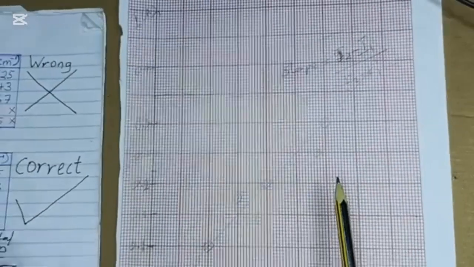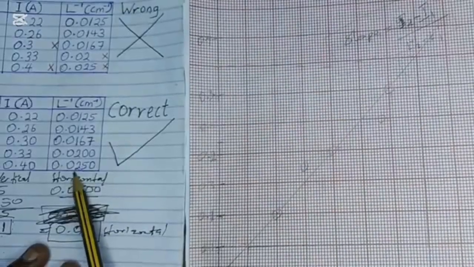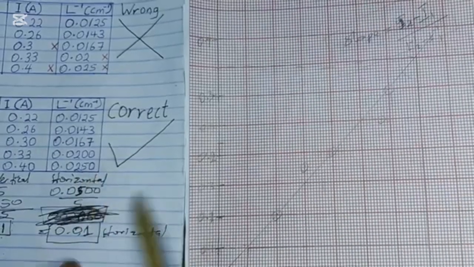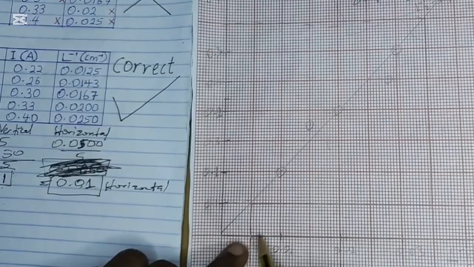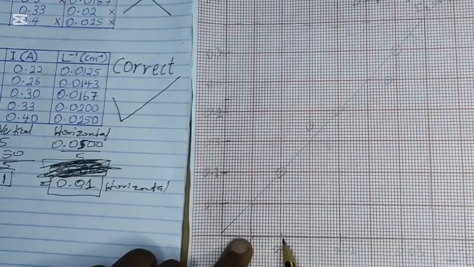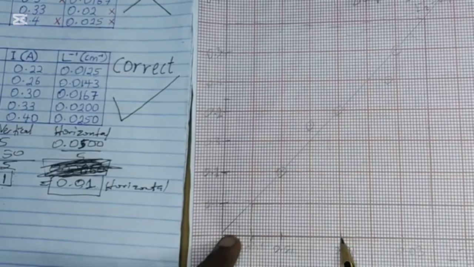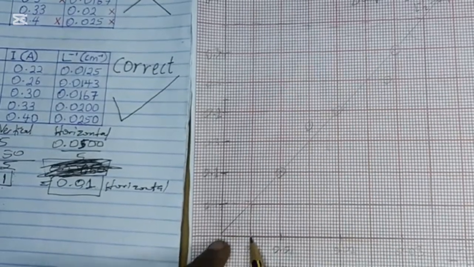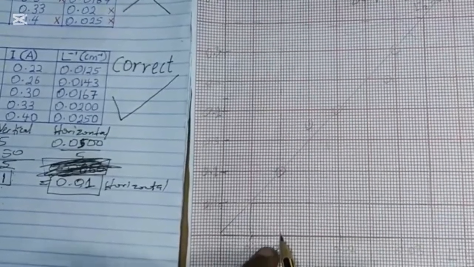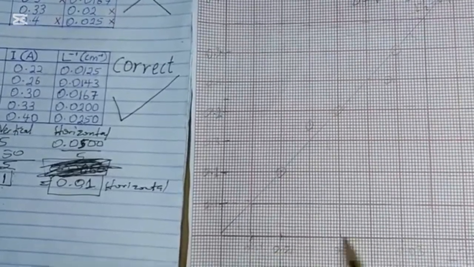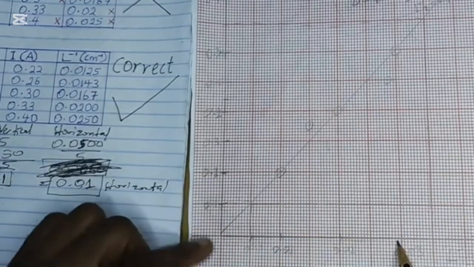The highest value here is 0.250, and mind you, we have taken 0.01 for the horizontal. If you take 0.01 here, 0.02, 0.03, and you see the highest there, it will be small. So we cannot take 0.01 for 2 centimeters again. Let's go for 0.01 for 4 centimeters, 0.02, 0.03. That's taking the larger part of the graph.